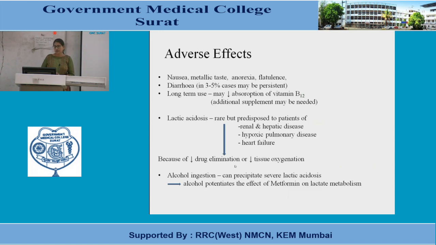Because these conditions decrease the elimination of the drug or they decrease the tissue oxygenation, thereby leading to lactic acidosis. If a patient is an alcoholic, then alcohol ingestion can also precipitate severe lactic acidosis, because alcohol potentiates the effect of metformin on lactate metabolism. So it should be avoided.